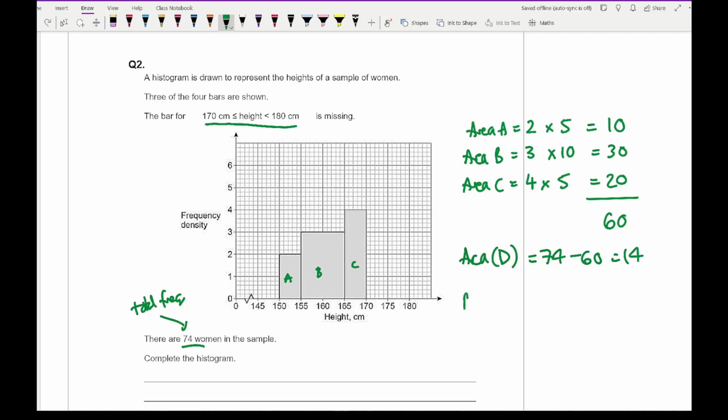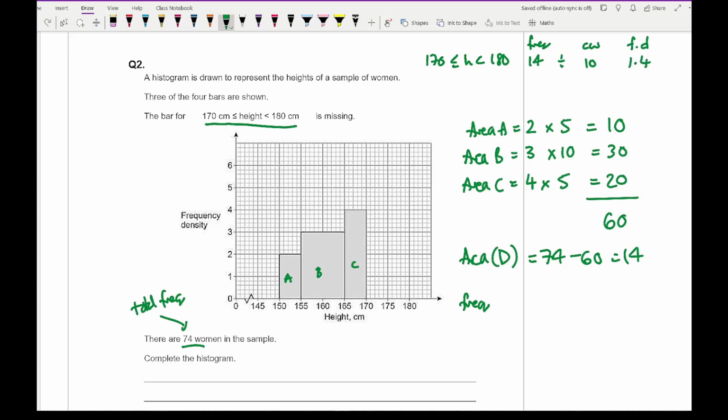So then I know that the frequency, let's write this down, from this bar, 170 to 180, the frequency is 14, and the class width is going to be 10. So that means that the frequency density is going to be 14 divided by 10, which is 1.4.